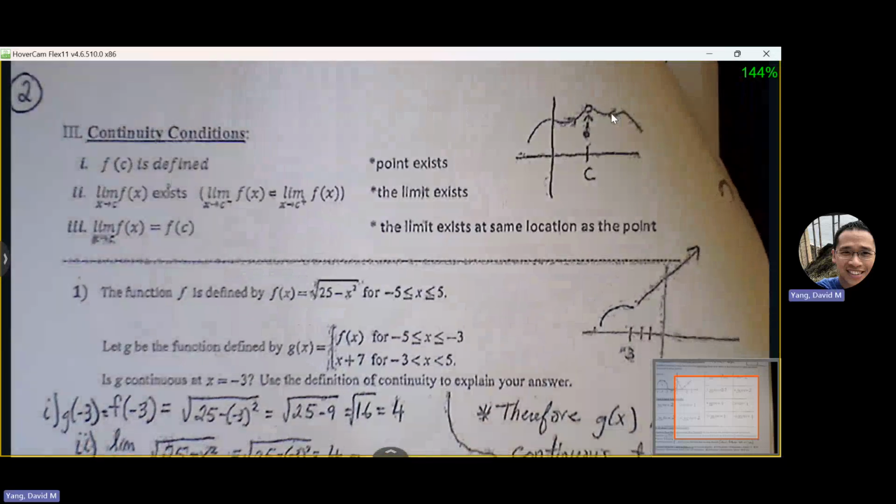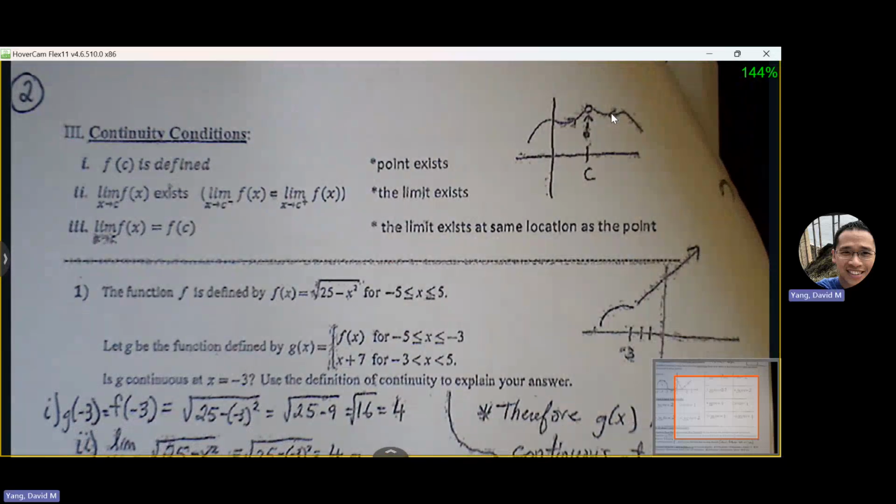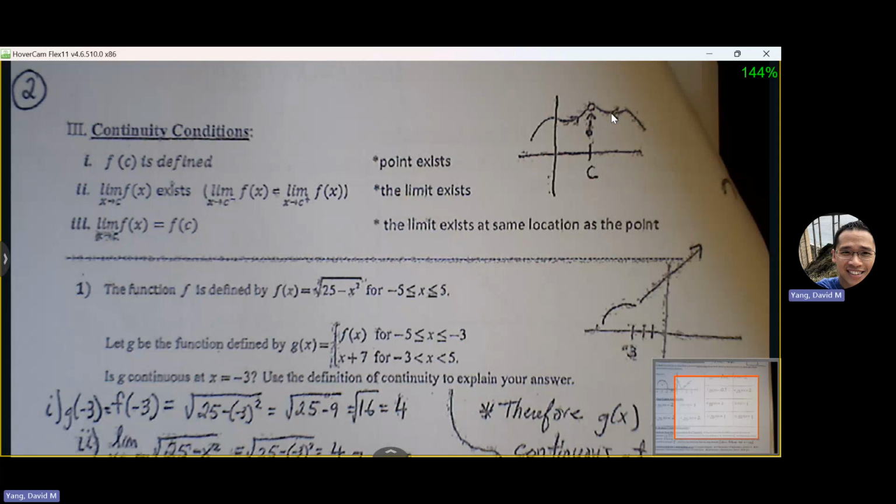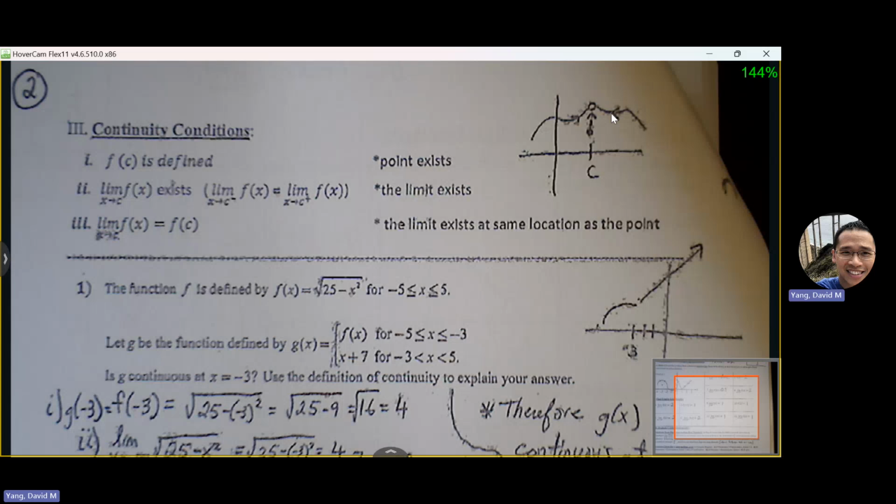Anytime there's mention of continuity, I think it's best to just go through the continuity conditions and decide where the problem either fails, or if you're looking for a variable, you can go through the continuity conditions. So the 3 conditions for continuity are: does a point exist? Does a limit exist?